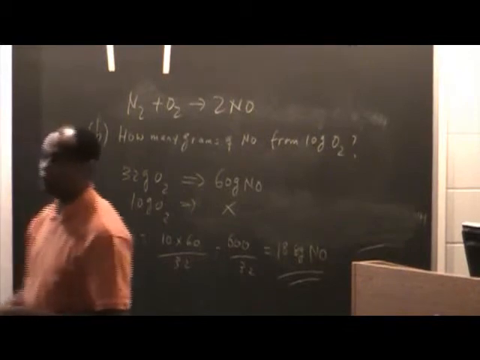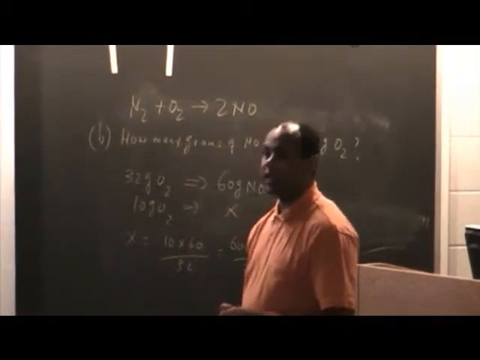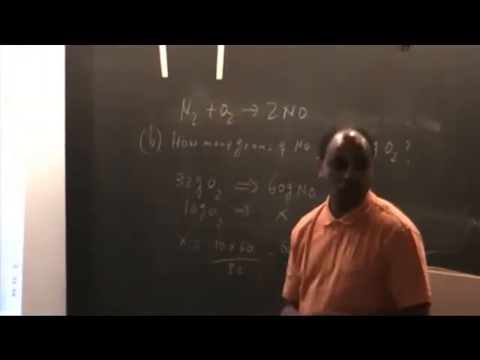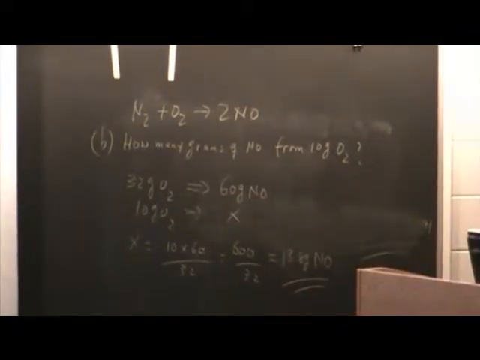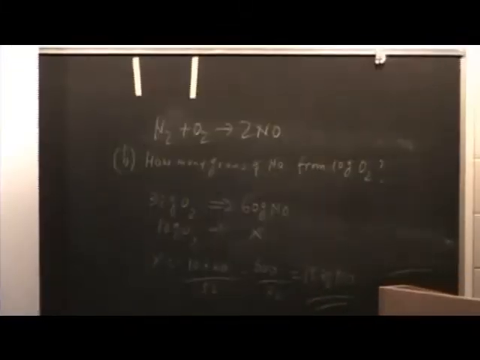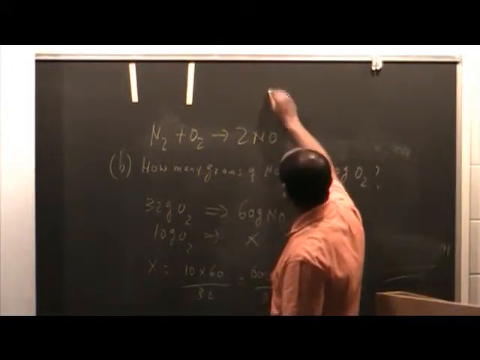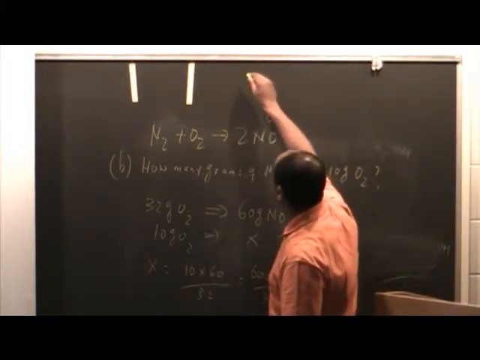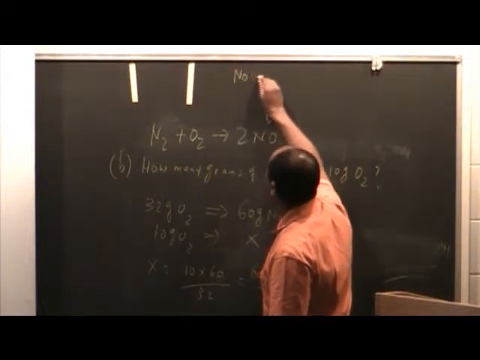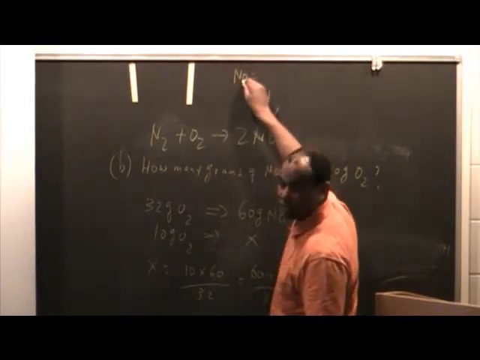Any question? You can ask now. I see how you got the oxygen at 32, but I'm still confused on how you got 60. 60 comes from the molar mass of NO, which has nitrogen and oxygen.